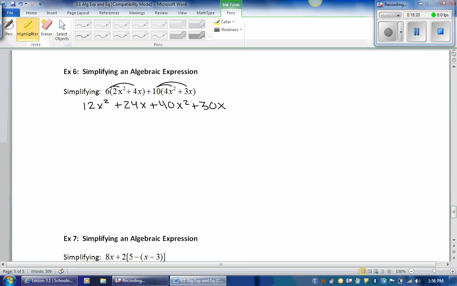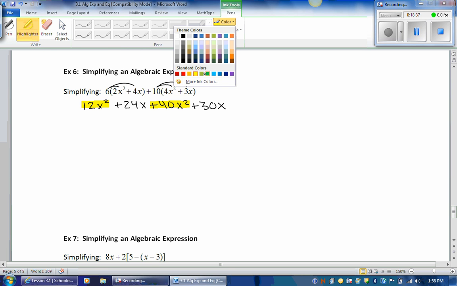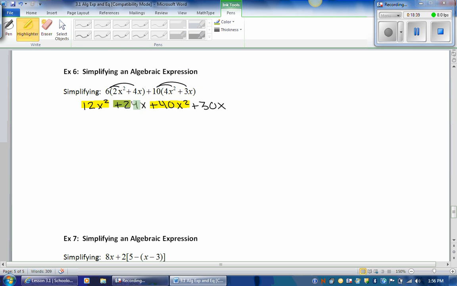Now I find my like terms. Remember, it has to have the same variable, so those variables have to have the same exponents. I've got 12x squared, and I have positive 40x squared. Now, I also have positive 24x and positive 30x.